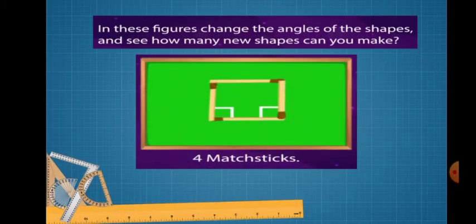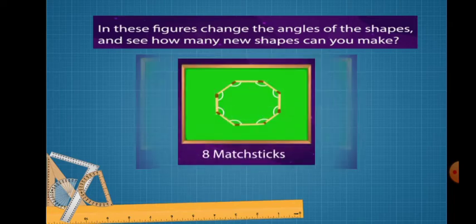In these figures, change the angles of the shapes and see how many new shapes you can make. Arrange the 4 matchsticks one away from each other at a particular distance. You can make angles of the same shape different from each other.